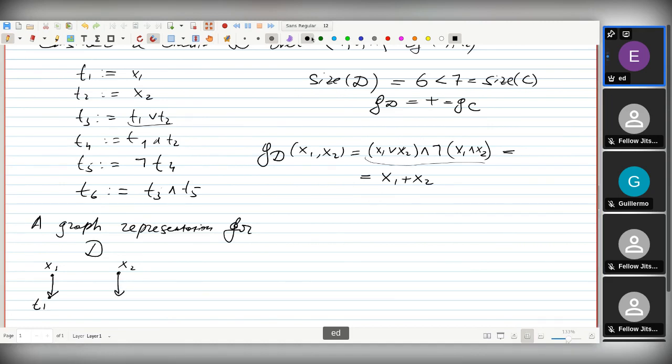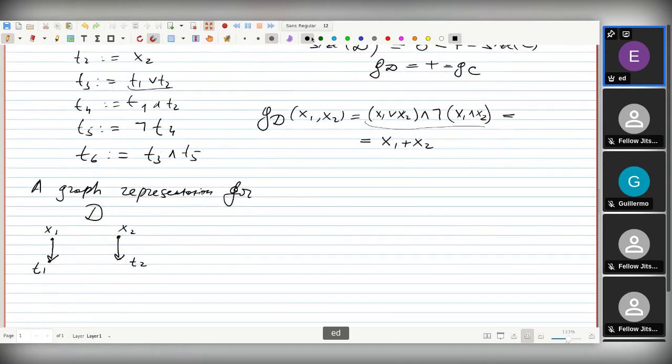T1 is assigned to be equal to x1. The same is true for t2. And now, considering t3, we will mark this node, this point, with disjunction, the function we have applied here. And then we shall draw these two arrows. Is it clear?